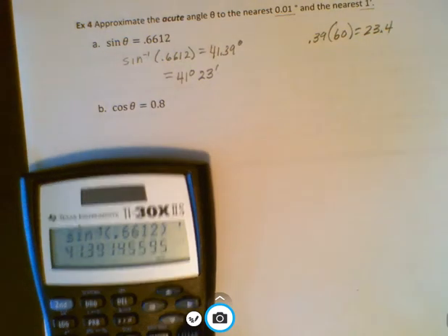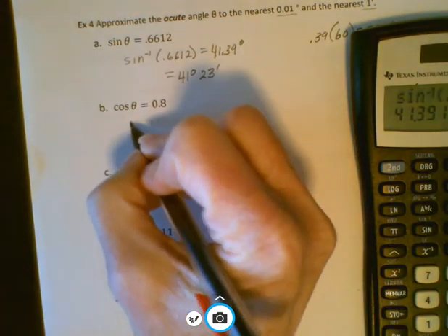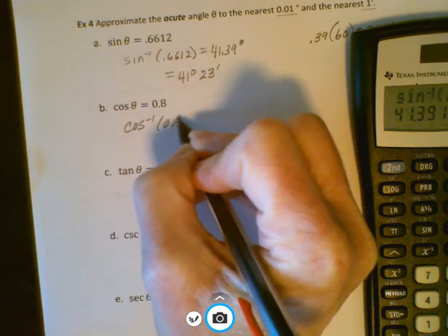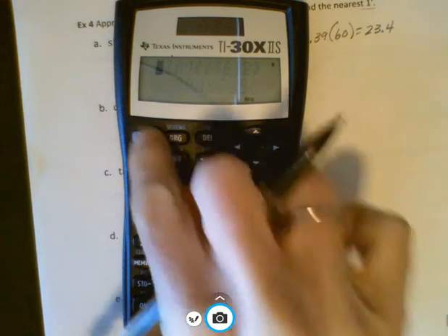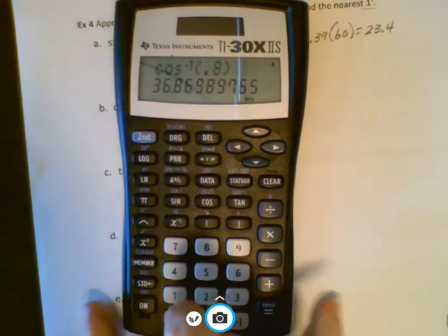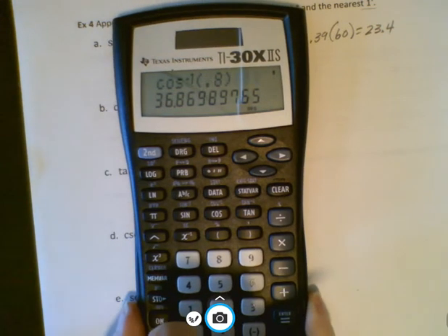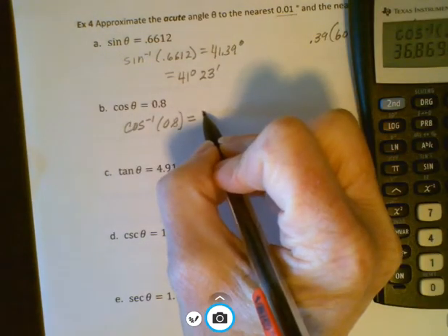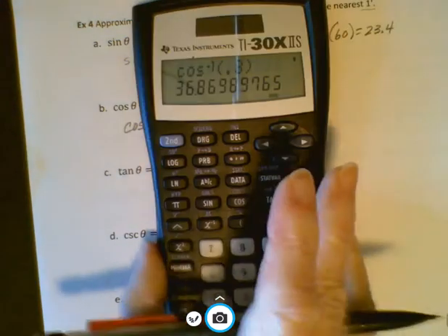Inverse sine. Likewise, we have a cosine problem now. Inverse cosine of 0.8, what would that angle be? So, second cosine, 0.8, and what do we get? 36.87 degrees, going to 2 decimal places.